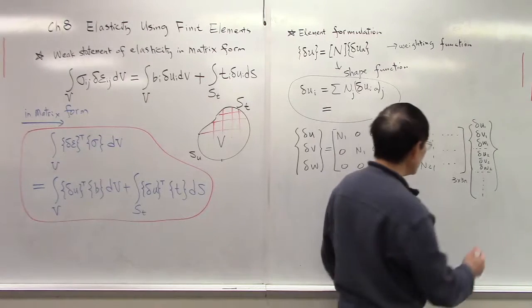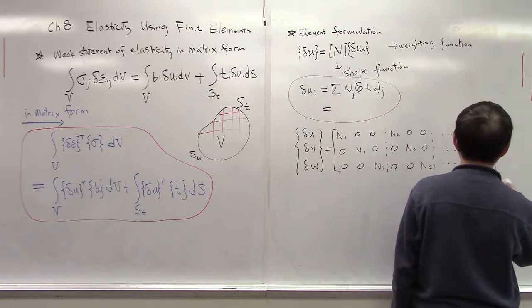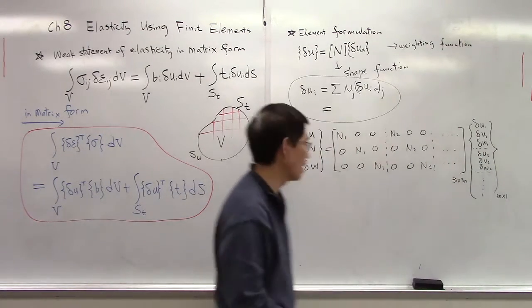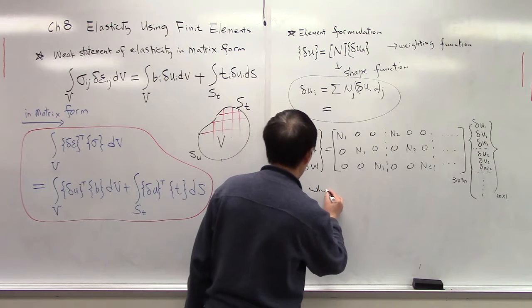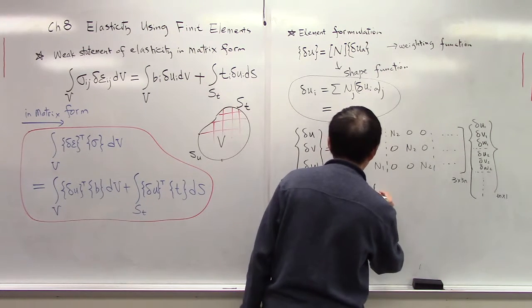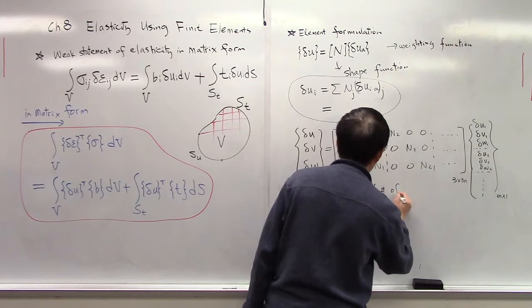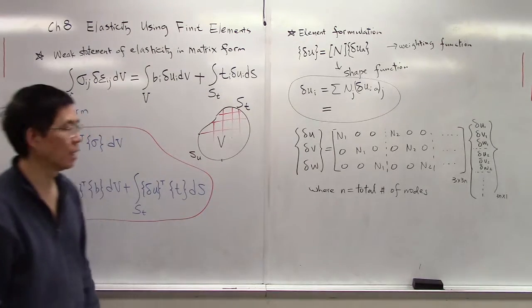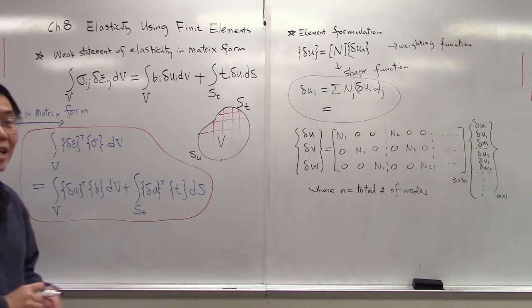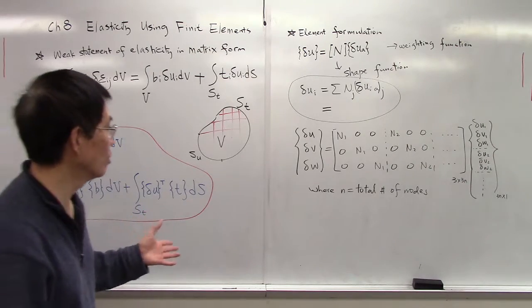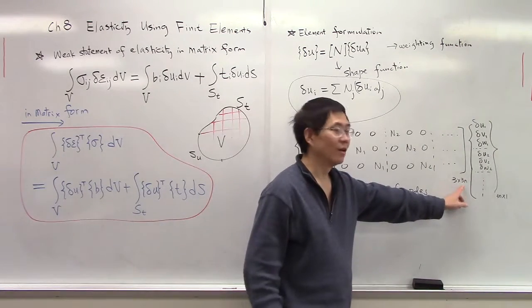Okay. This one will have a 3n by 1 dimension, where n is equal to the total number of nodes of your model. As you can see, for a 100 node model, this is very long.